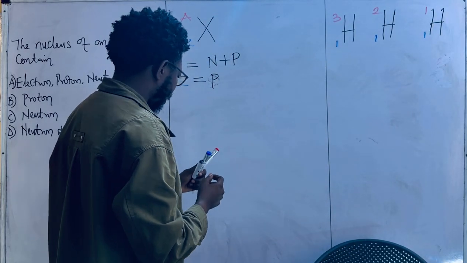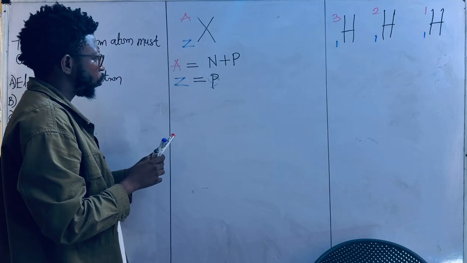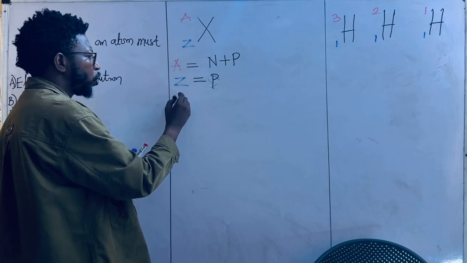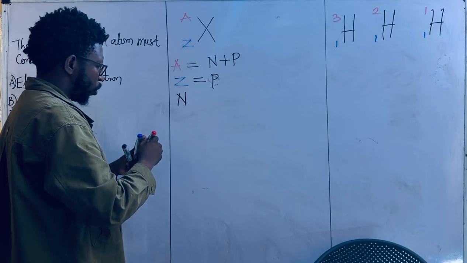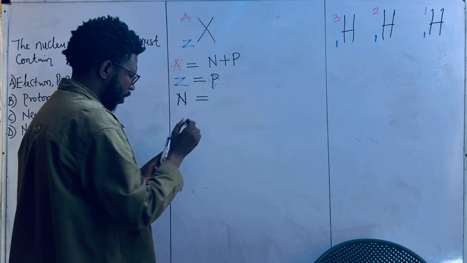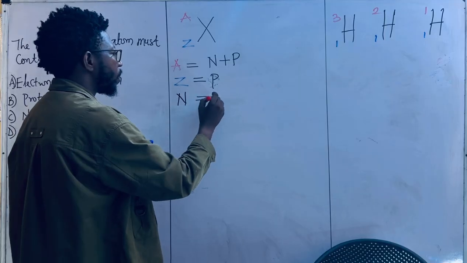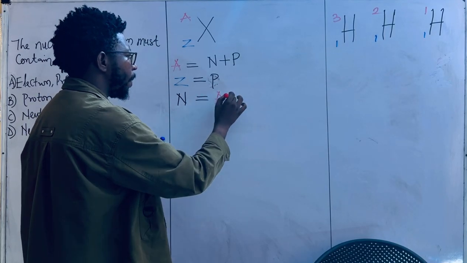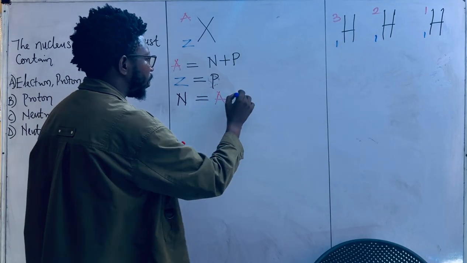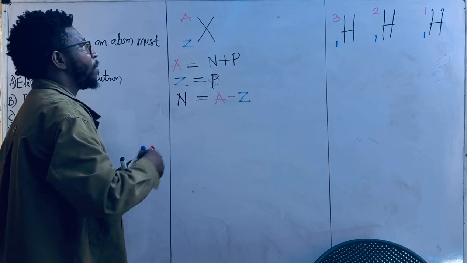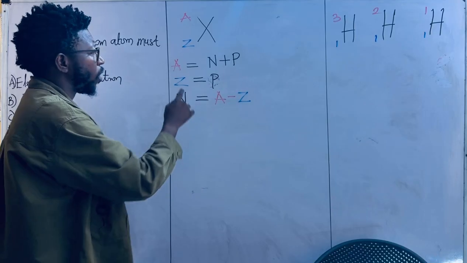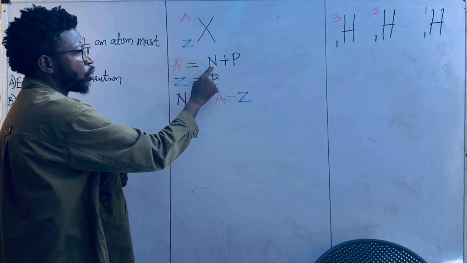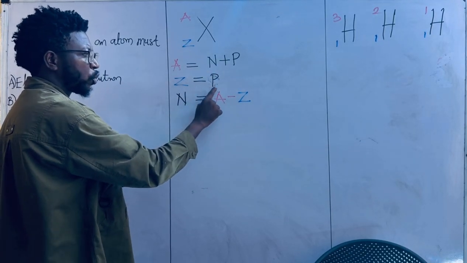So in this case, how do we look for the neutron number? The neutron number is equal to A minus Z. So if I subtract Z from A, I'm going to get the neutron number. Recall that A is the sum of neutrons and protons, while Z is just protons.